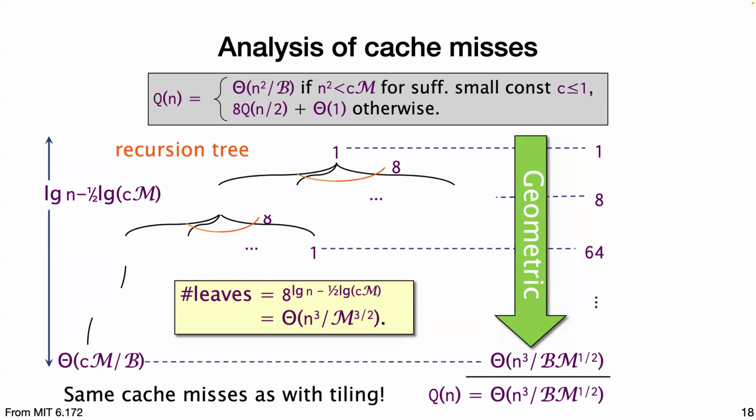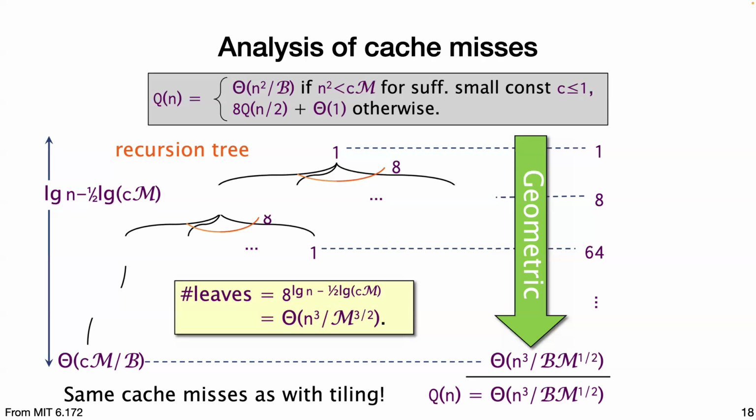The base case is now m over b, and the number of leaves is also different, because in some sense the recursion tree is now shorter. We don't stop at 1, we stop at 1/2 log Cm, because the parameter n is actually like the side length. So now you still have 8-way branching, but the height of this tree is log n minus 1/2 log Cm, which is the same as log of root m.